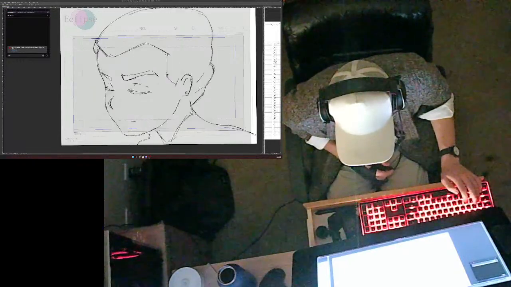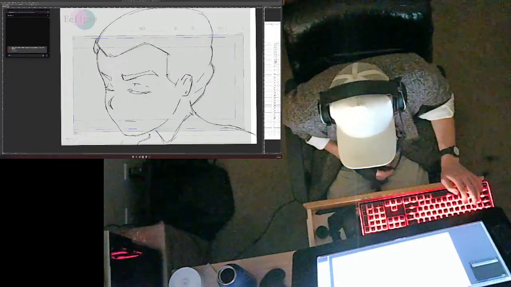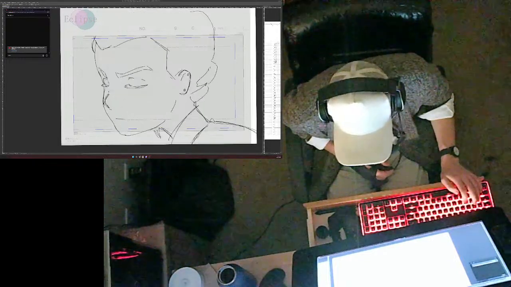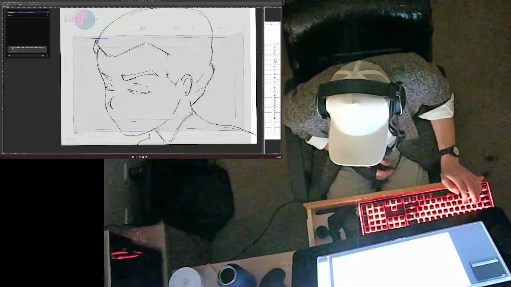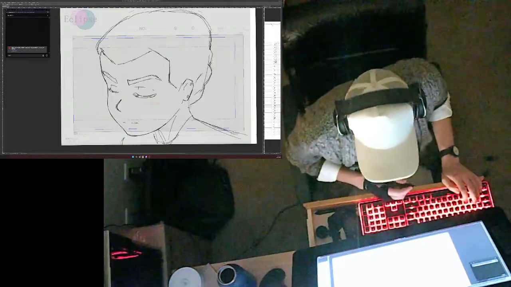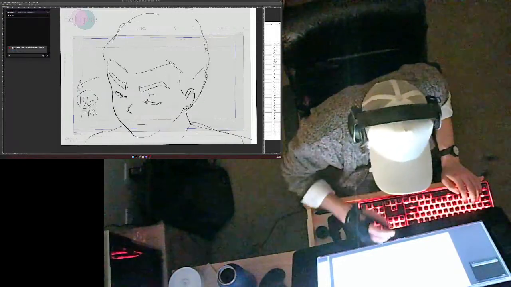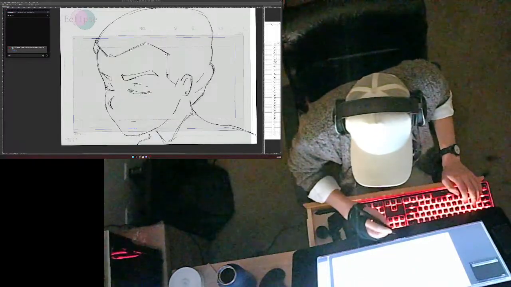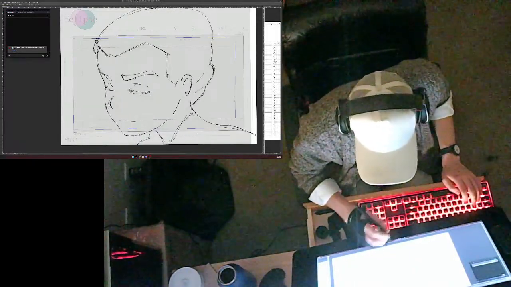It's passed the flip test pretty well. There are some things that, as a drawing, need a little bit of refinement, but the motion is reading, so that's kind of the whole thing you're trying to get there.